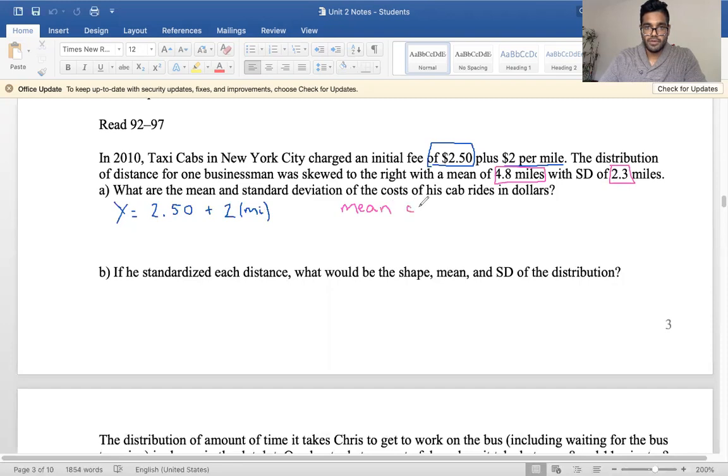So to calculate the mean cost of the cab ride, we can just go 2.50 plus 2 times the number of miles he does on average, which is 4.8.